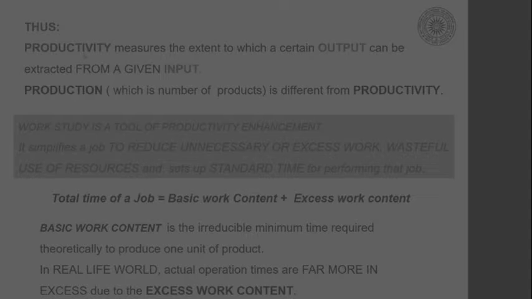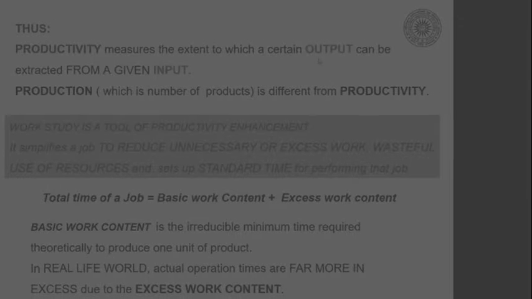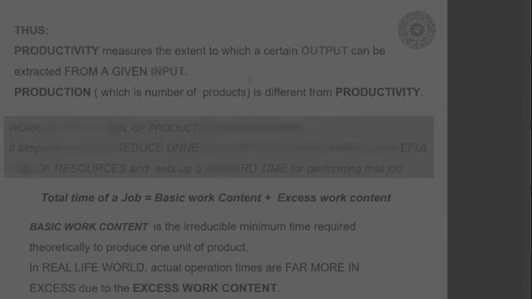So you see, productivity is a way. So if we are having a number of outputs we are producing from the number of given inputs, how well we can extract, that will be decided by the productivity. While production is different from productivity, it is concerned with the number.